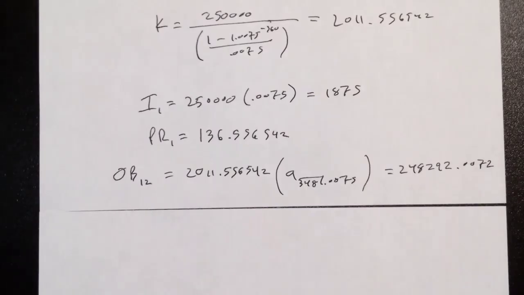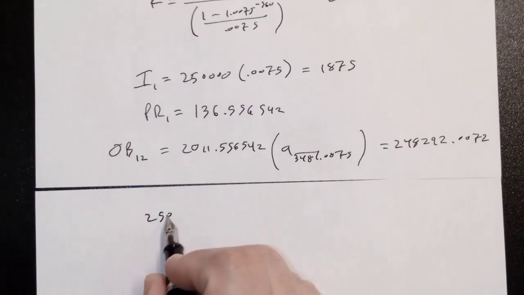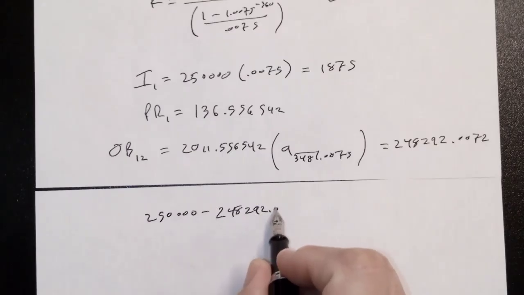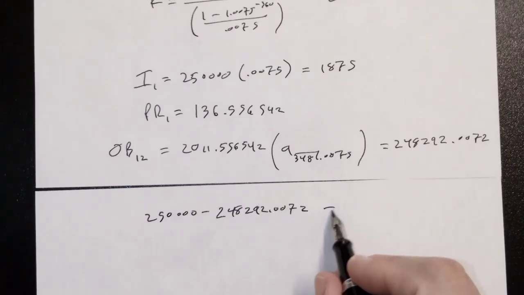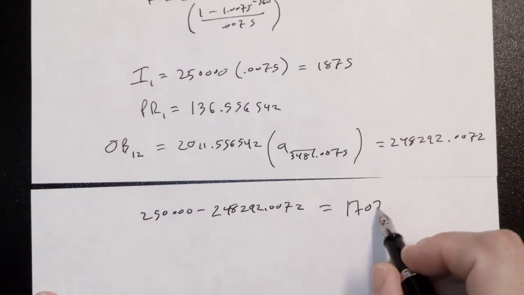Hey, wait a minute. The loan was for $250,000. Subtract that from $250,000. $1,707.992791.